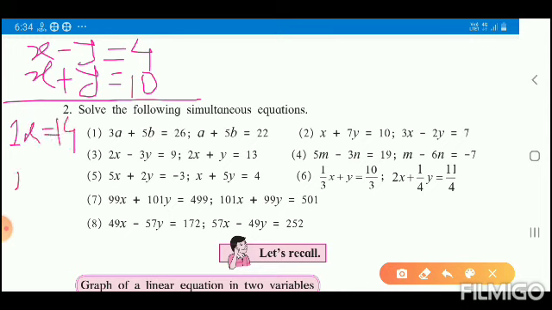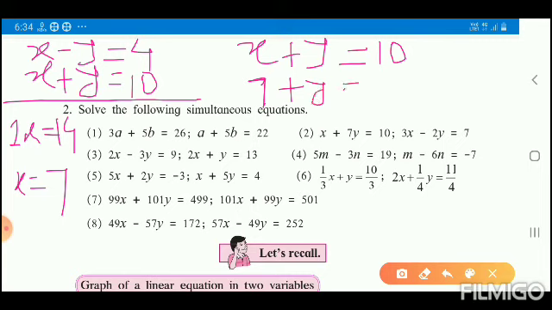So value of x is equal to 7. Now put this value in any equation, you will get the value of y. Suppose I will put in second equation, x plus y is equal to 10. Actually this is the fourth equation. Then 7 plus y is equal to 10. So y is equal to 3.